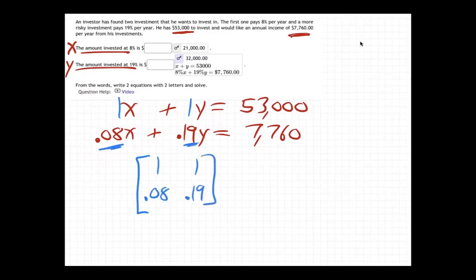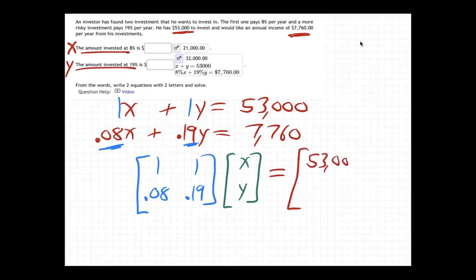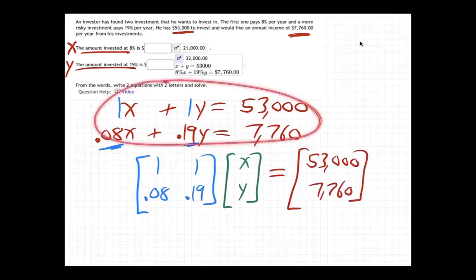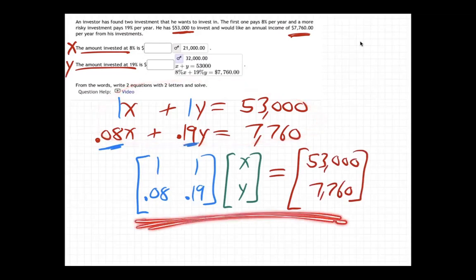I just grab the four numbers, times XY, equals, and then the right side is the 53,000, 7,760. So I turned these two equations with two letters into a big matrix equation. This big old matrix times the letters equals that.